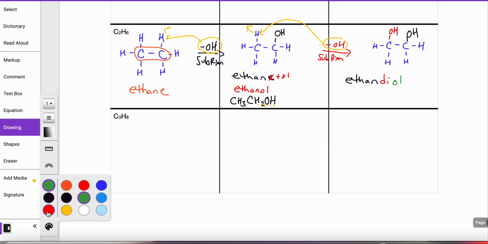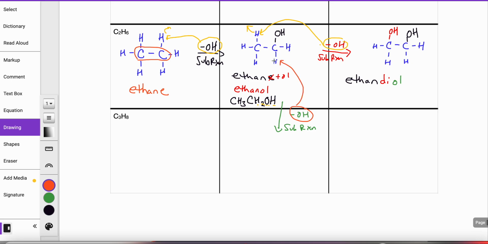Okay, so now I'm going to come over and I'm going to take our first ethanol structure and I'm going to put it through a different substitution. I'm going to add an OH, okay? And this OH is going to come in and it is going to replace that hydrogen.